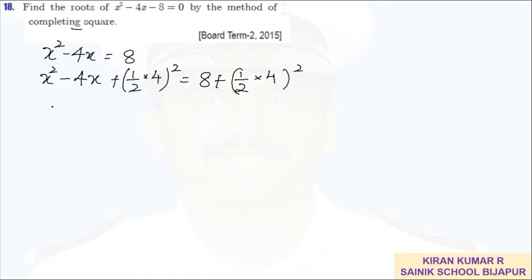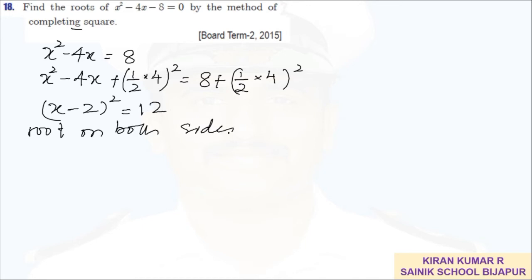I'll be getting, this becomes 2 square, so x minus 2 whole square will be equal to 8 plus 4, which is 12. So taking root on both the sides, we get x minus 2 as root of 12.